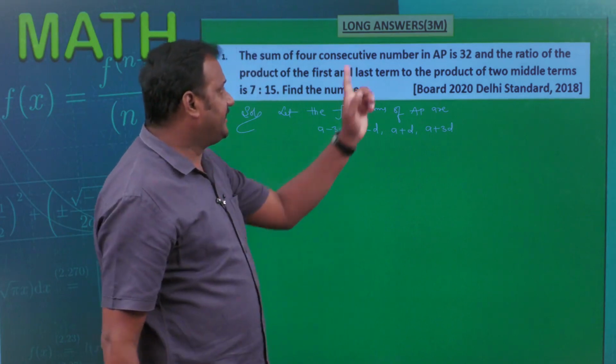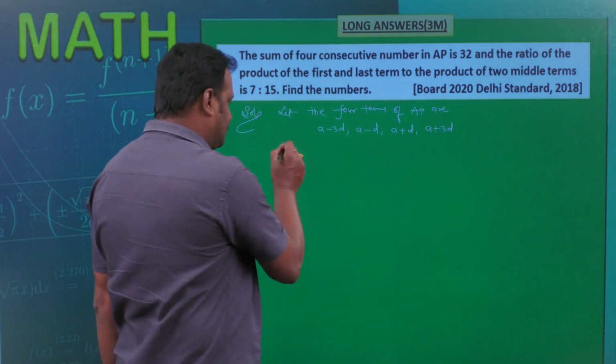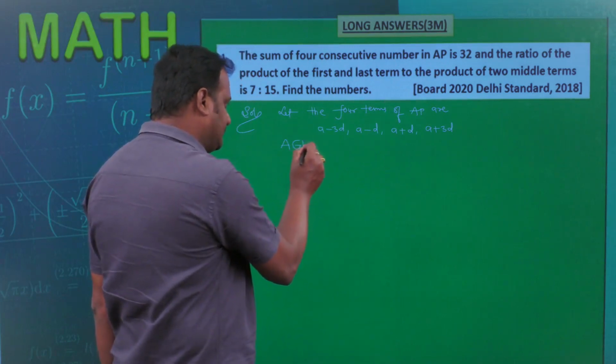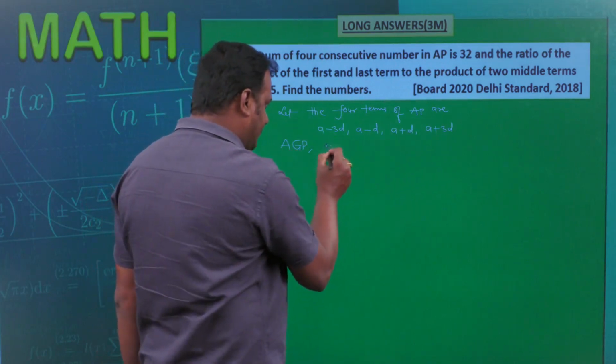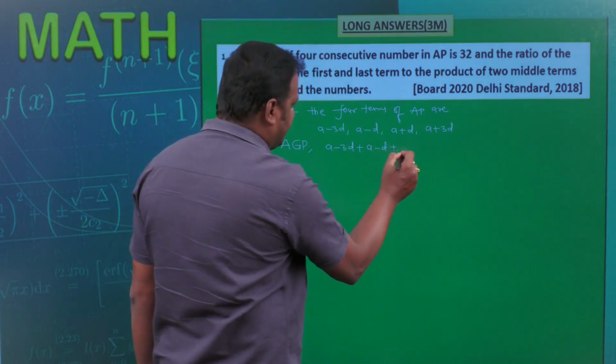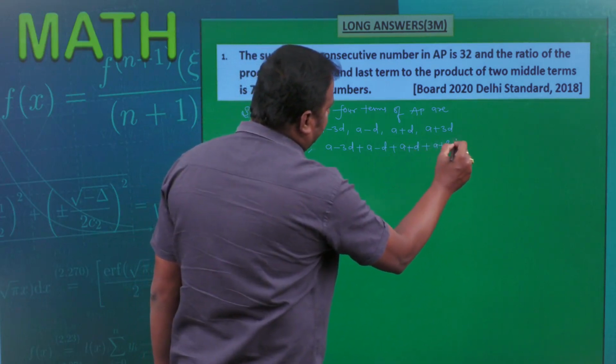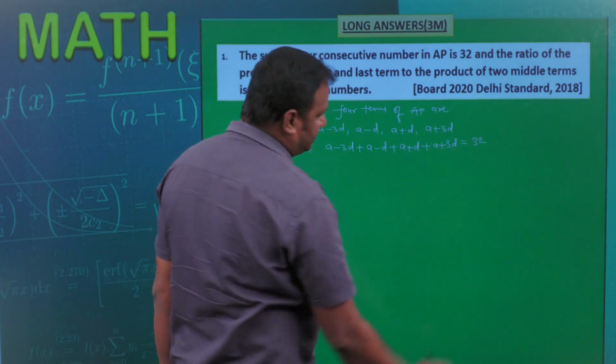According to the given problem, the sum of 4 consecutive numbers is 32. So add all of them: A minus 3D plus A minus D plus A plus D plus A plus 3D is equal to 32.